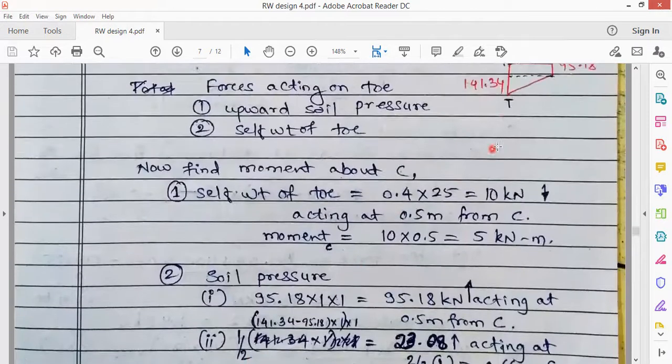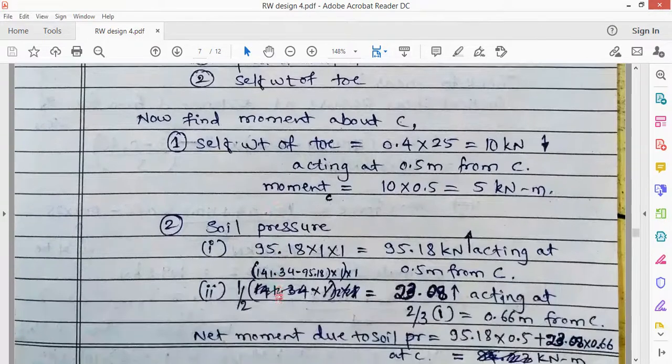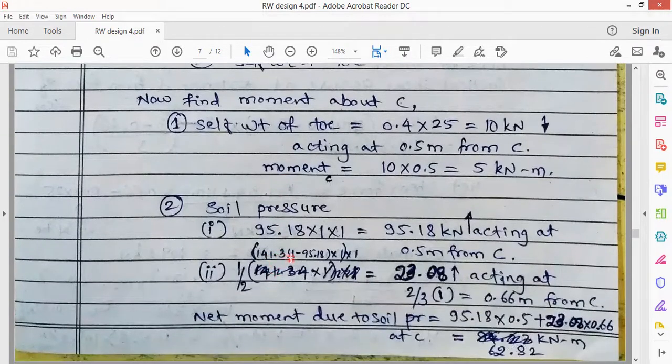Second one is this triangular portion. What is this pressure we will calculate? It is base into length into half base into height. So the base is 141.34 minus 95.18, that is the base, into 1, that is the length, into half base into height, that is the total pressure or the force.